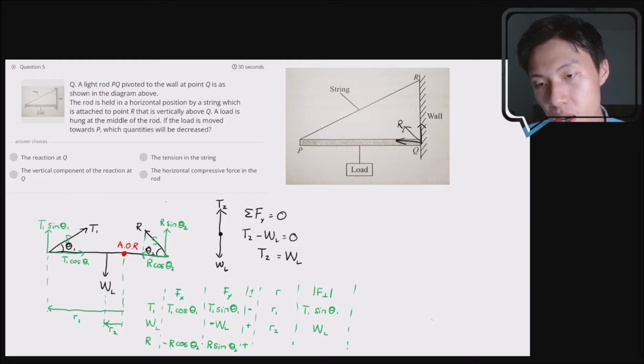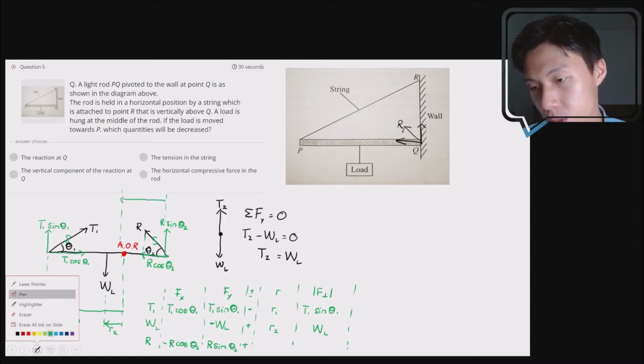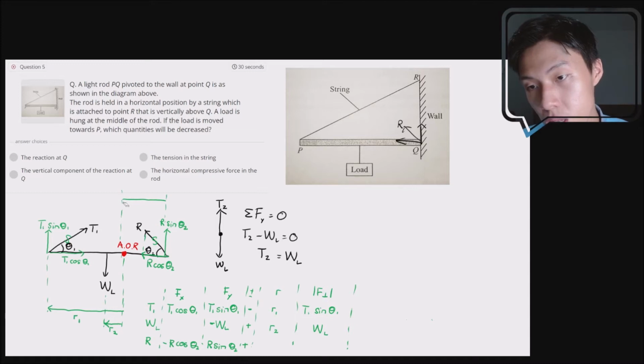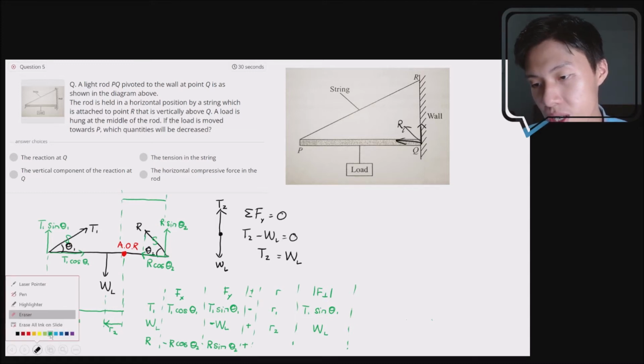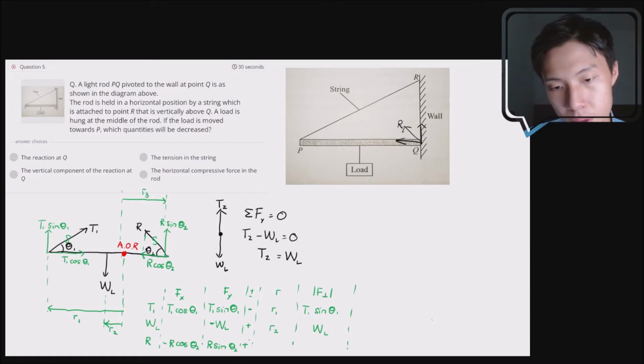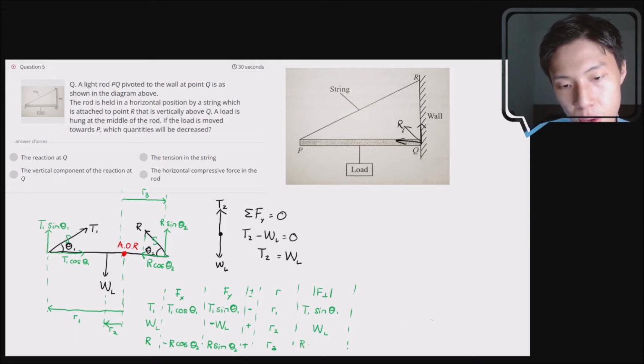Okay, so now we label the distance here as R3. So the perpendicular component should be r sine theta 2.